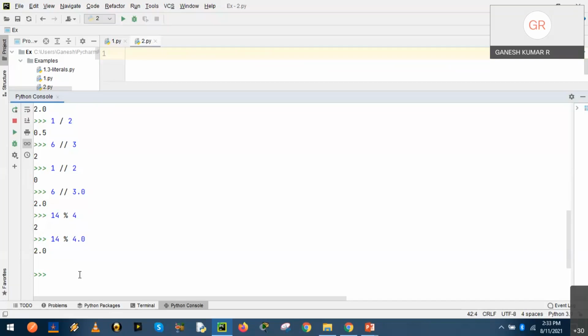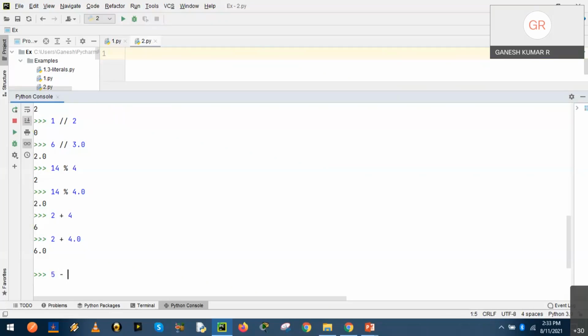So we have discussed the exponentiation operator, multiplication operator, division operator, integer division, and remainder. And we have our conventional operators, that is addition, which adds two values. If both are integers, the output will also be an integer. If any one is a float, it results in a floating point type.